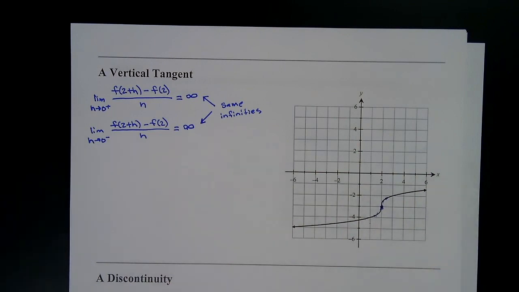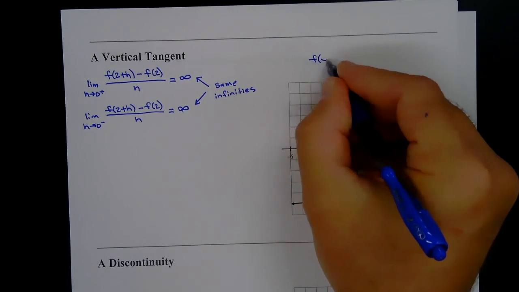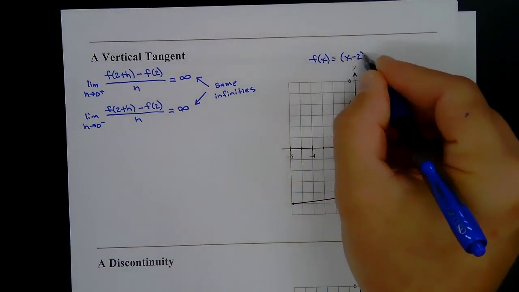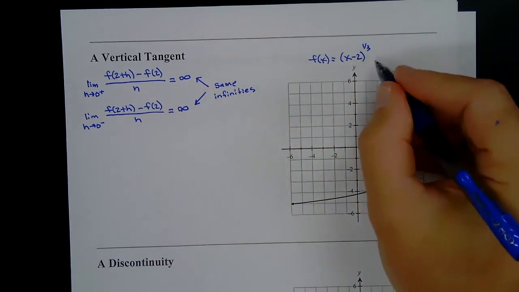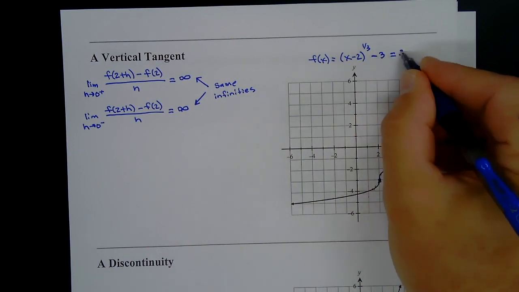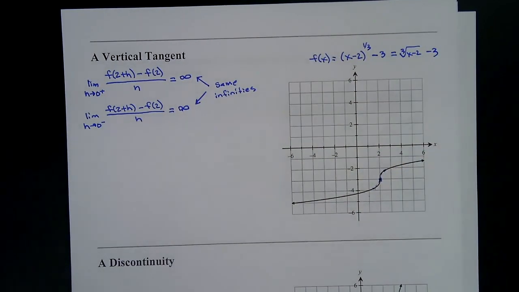And then this one is f of x is equal to (x minus 2) to the 1/3 power. This is cube root, because 1/3 power is cube root, and then minus 3, which could also be the cube root of x minus 2, minus 3, like that.